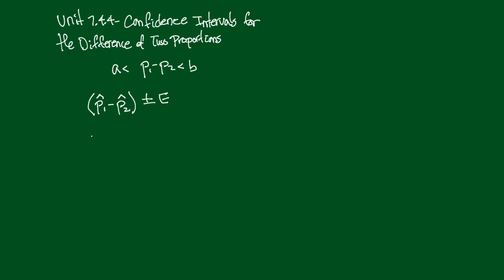Now let's write that error formula. So it's P1 hat minus P2 hat plus or minus, now here's how this formula goes. It's a Z formula, Z sub C. It turns out proportions are normally distributed when, remember, NP and NQ are greater than 5. So we're going to get our critical value, and then we're going to multiply it by this square root.